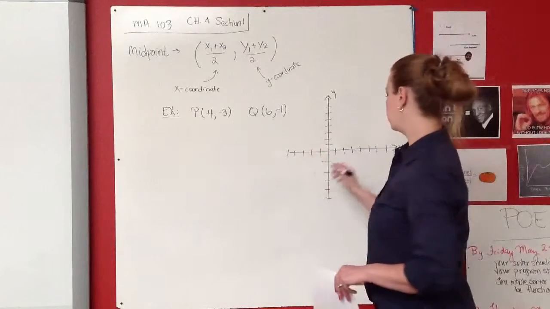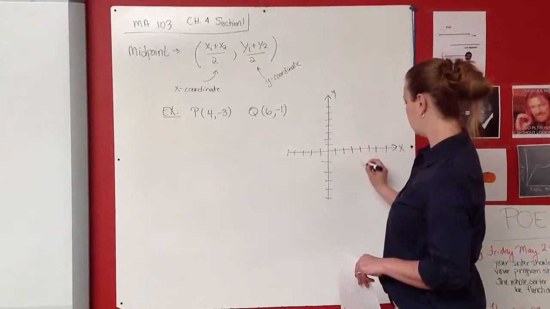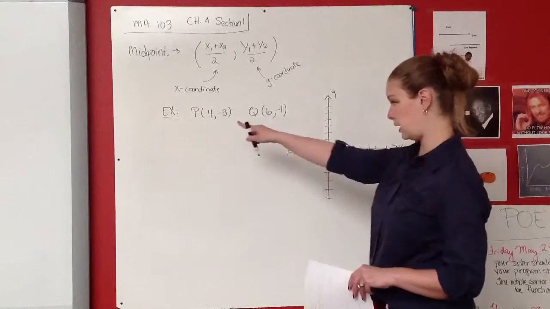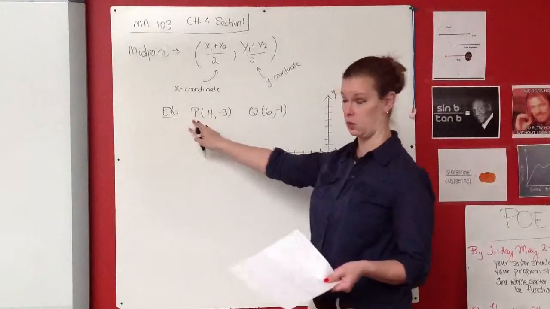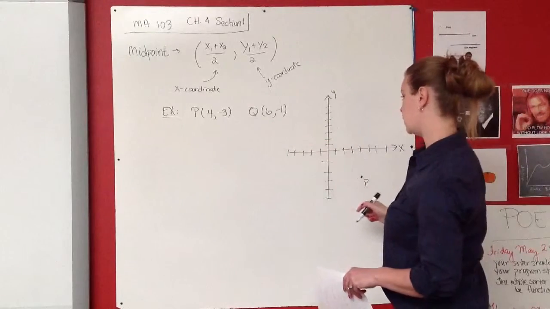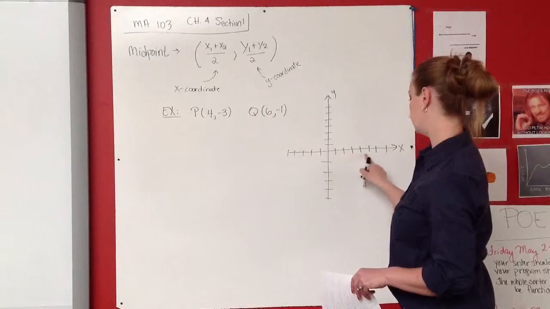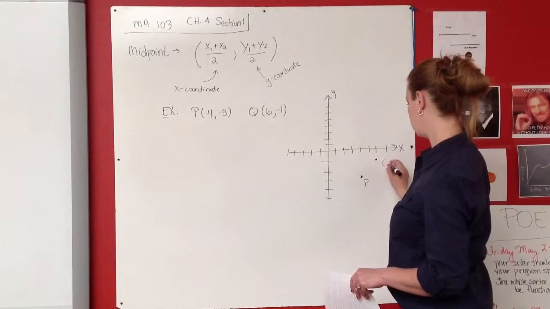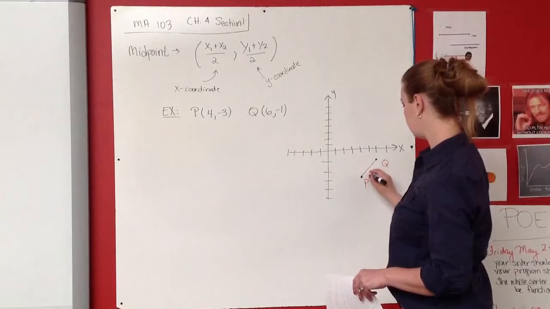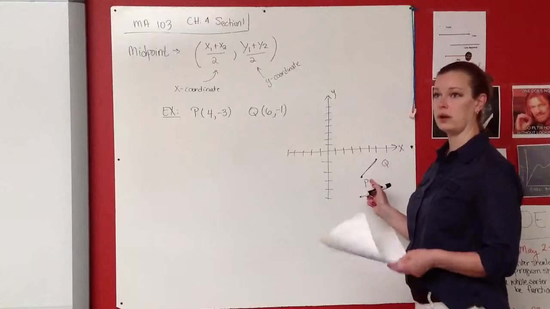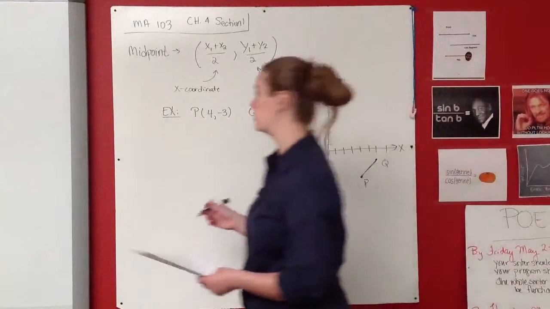We have a point at 4, -3, so 1, 2, 3, 4, 1, 2, 3. It's about right here. And this P is an arbitrary letter just naming the point, so we're going to call this point P. Q is at 6, -1. 1, 2, 3, 4, 5, 6, -1. This is point Q. So we're looking at this line segment right here. The question is, what are the coordinates of the midpoint of this line segment?